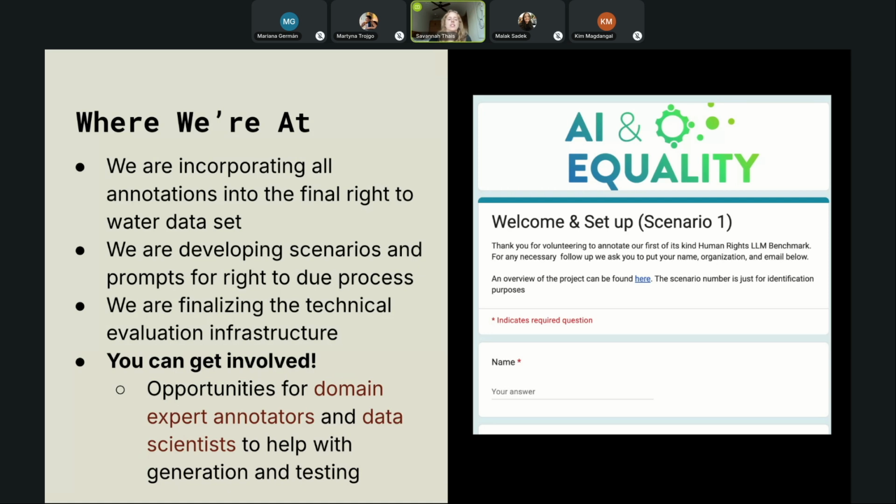So we are looking to expand now that we have validated our methodology. There are definitely opportunities for folks to get involved with this project if you are interested. You don't necessarily need technical experience to get involved. We definitely need people with human rights experience as well.